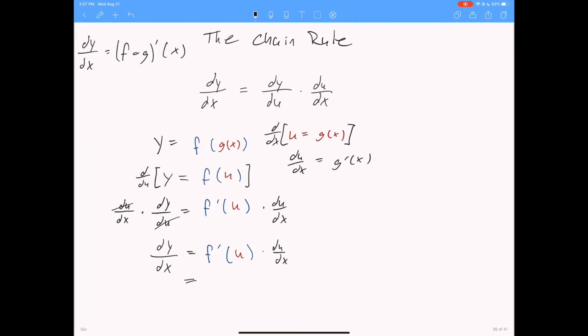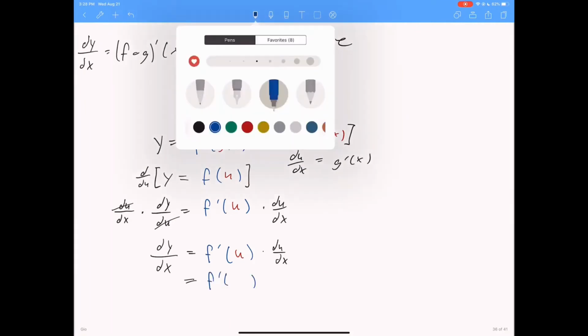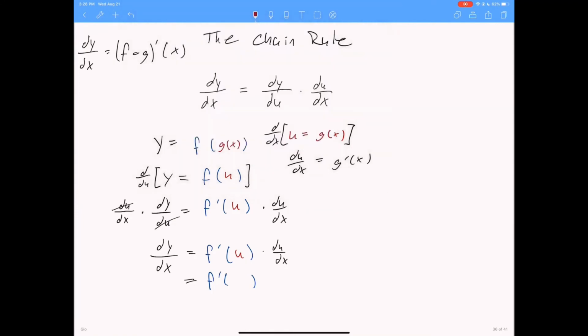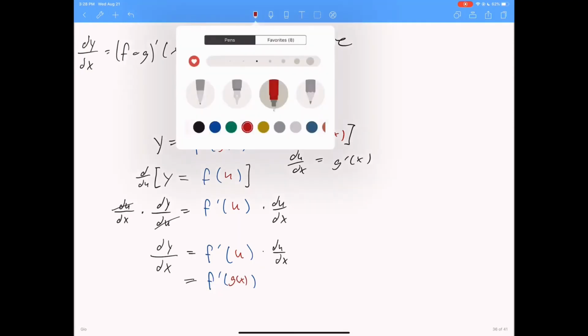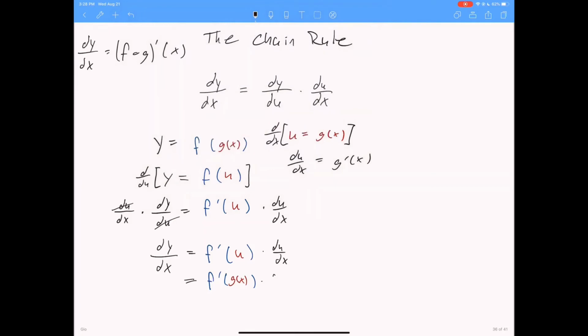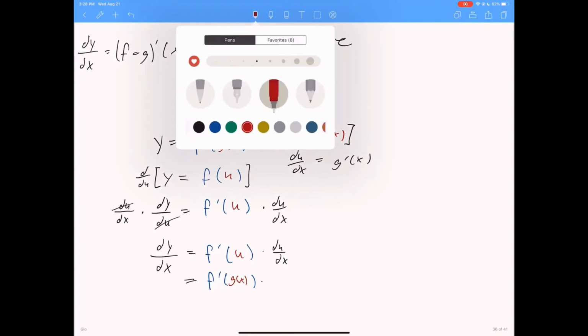We still have our f prime of, and we said u was g of x, and then times g prime of x.